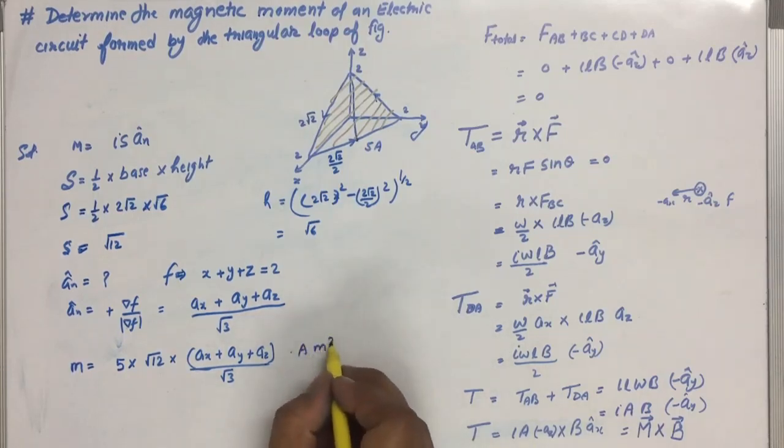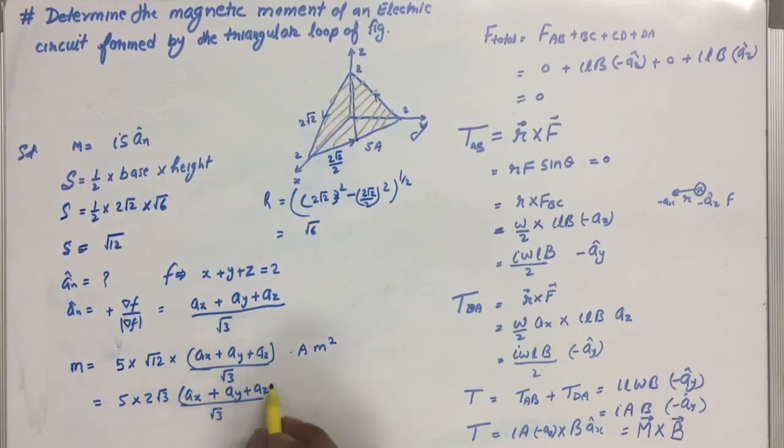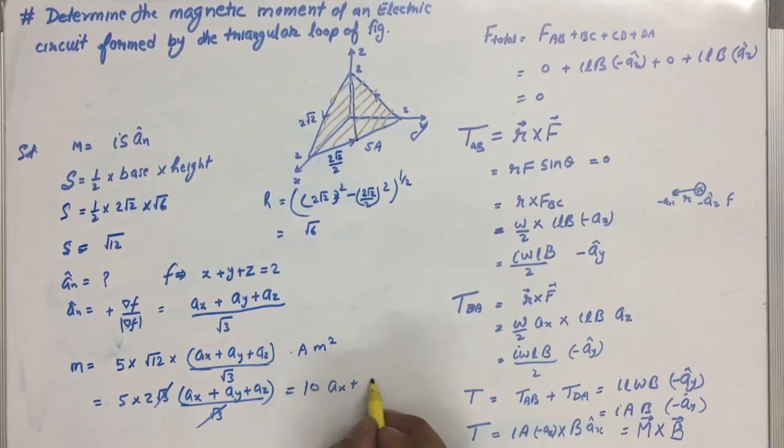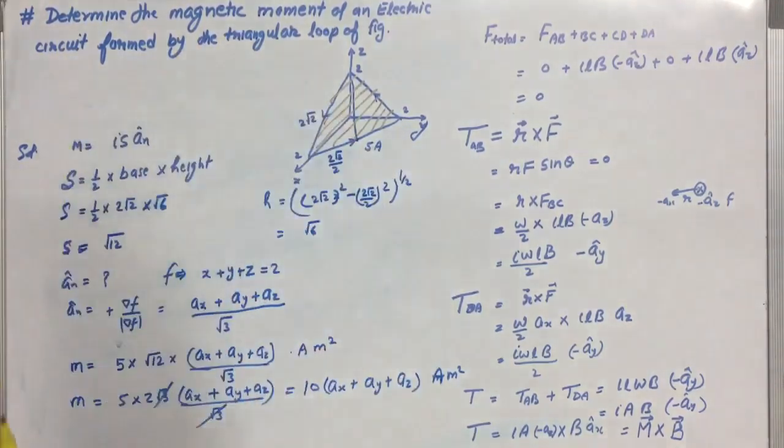If we simplify, it will be 5 into 4 into 3, the 4 will come out as 2, so 2 root 3 times AX plus AY plus AZ divided by root 3. So from here we get 10 times AX plus AY plus AZ ampere meter square. So this is the magnetic moment for this system.